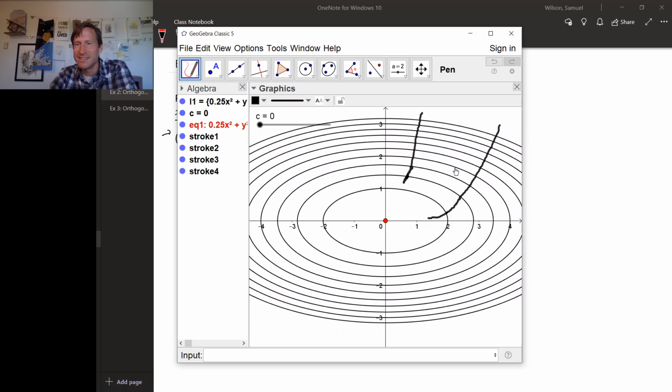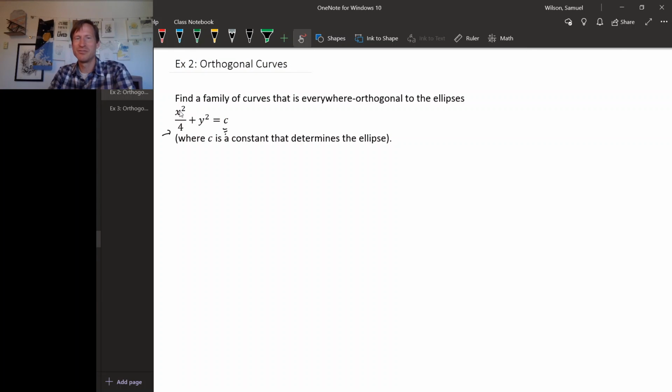You can see since we could start at any point, there are lots of different curves that are perpendicular to all of these ellipses, and so they actually form a whole other family of curves. So that's what I mean by finding a family of curves that's everywhere orthogonal to this family of ellipses.